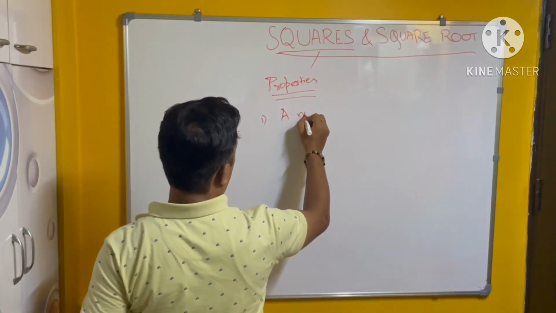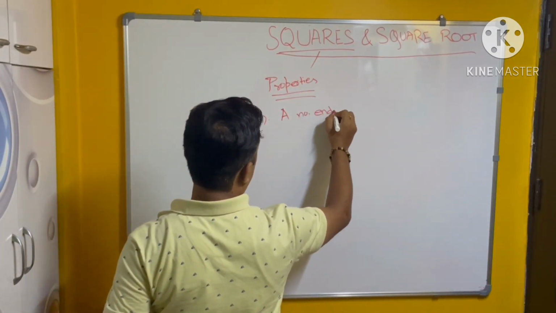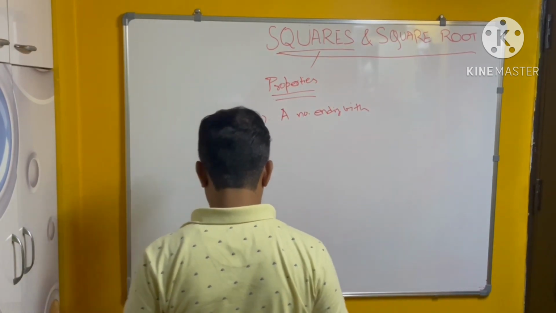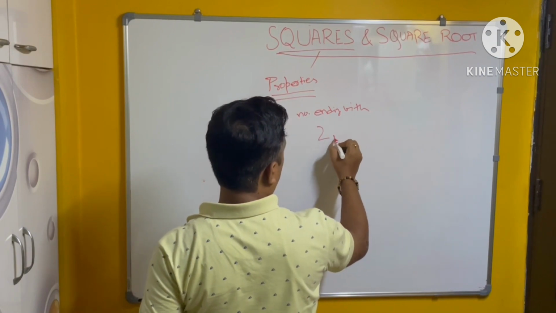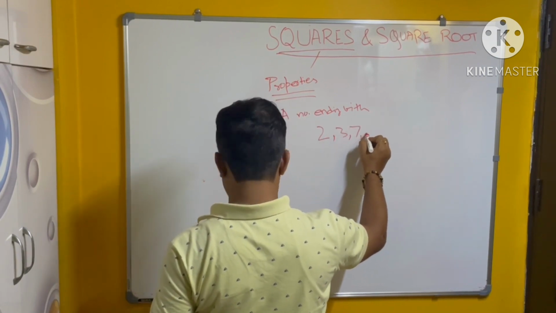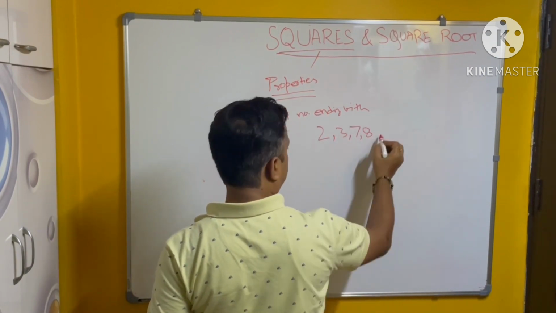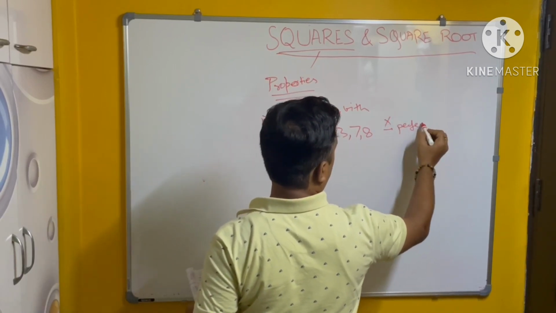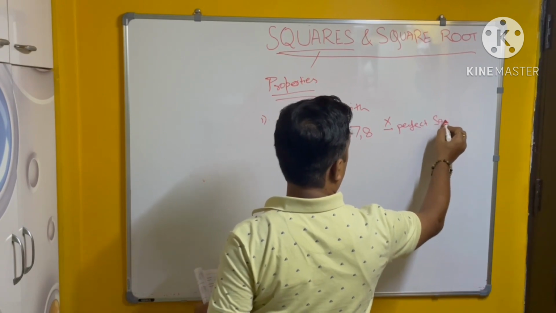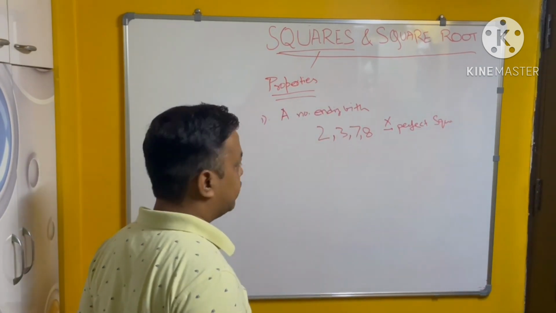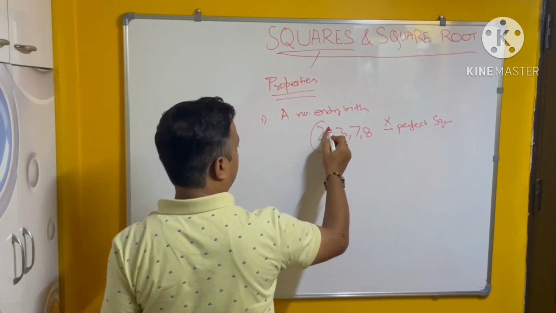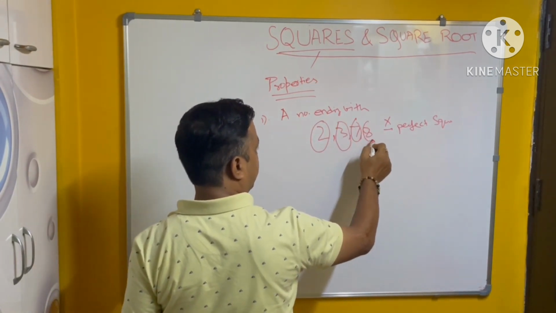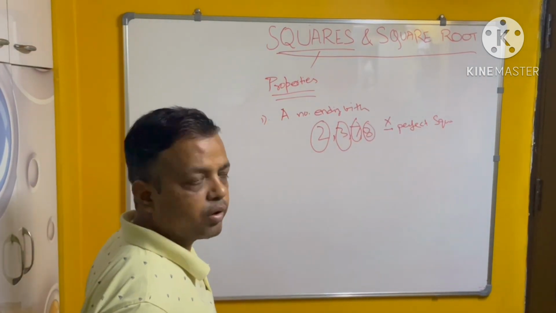A number ending with 2, 3, 7 and 8 is never a perfect square. So if there is any number which has 2, 3, 7 or 8 at the end, that cannot be a perfect square.